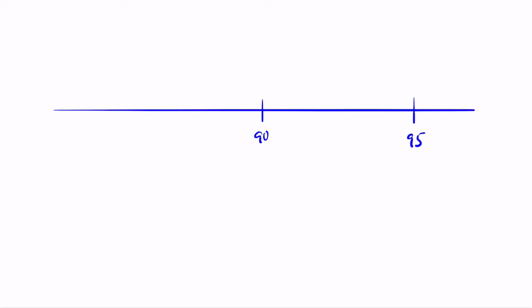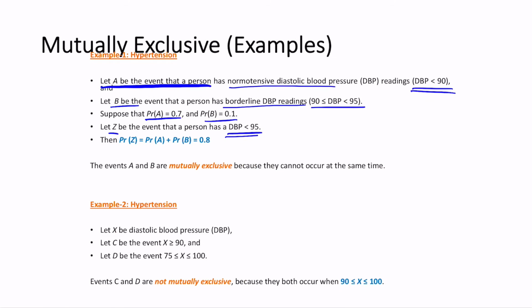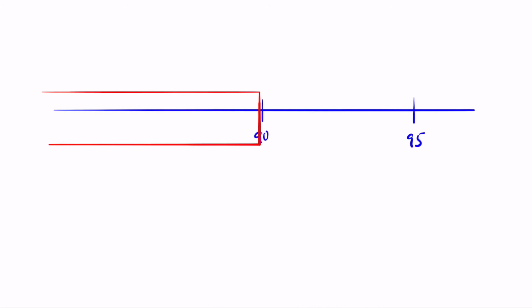So if you take the actual values, then this entire part from the start until 90, notice that it's not actually exactly 90, it's less than 90. So whenever you see less than but not less than or equal to, it means that it does not include the value. So it does not include 90.